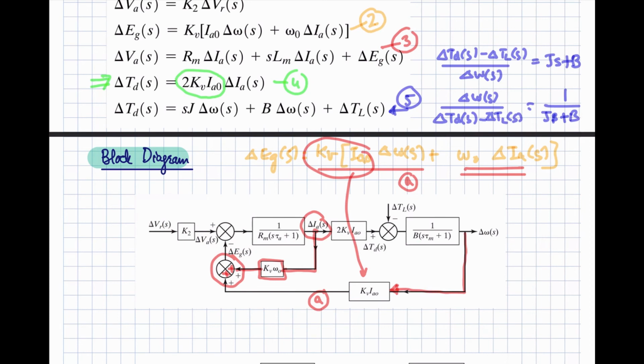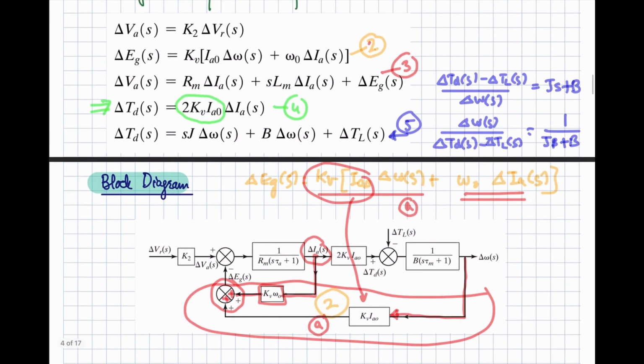Okay, so now I can say that these two are representing the equation 2, right? And where this equation 1 is used, this is basically the change in the control voltage or the reference voltage, and then here is the gain of your converter K2, and it is going to apply the required change of voltage at the machine terminal.